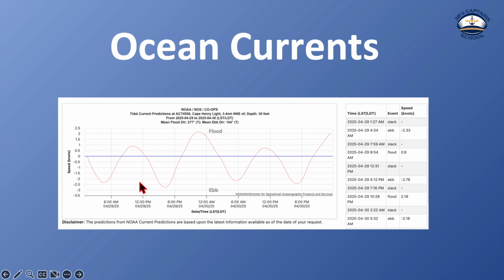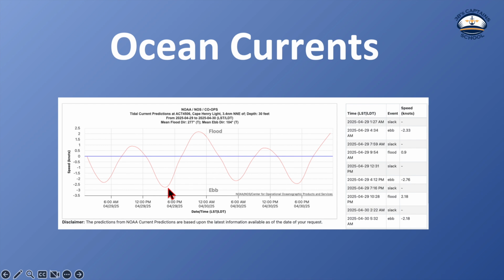I can look at this flood peak right here, 9:54 a.m. I'm going to have a flood peak of 9/10 of a knot. At 12:31, I'm going to have a slack, which should be right here.